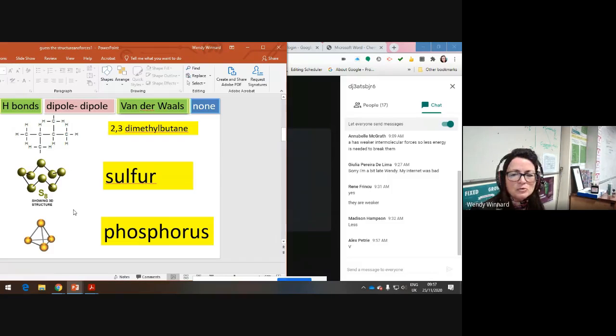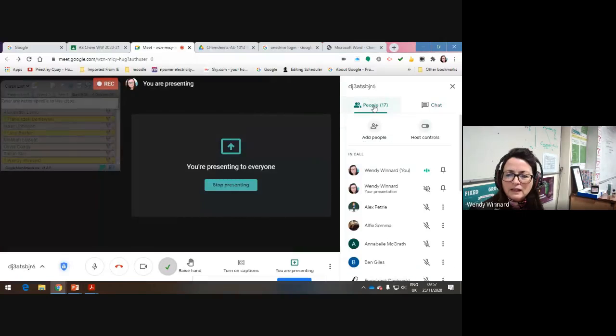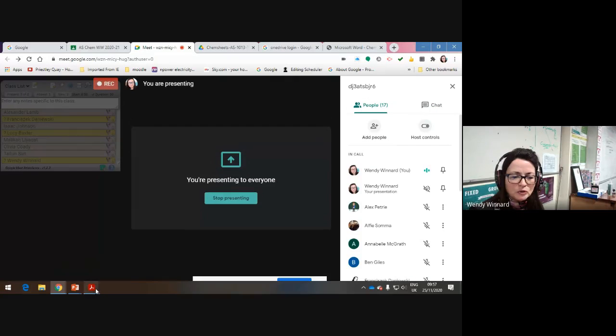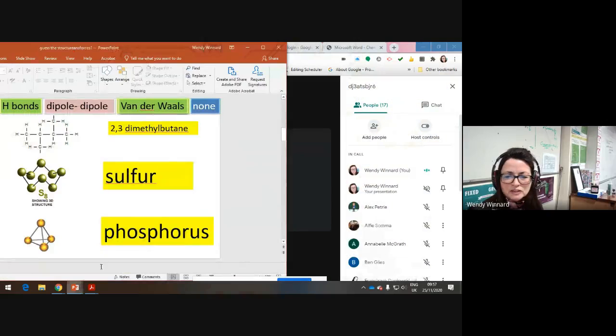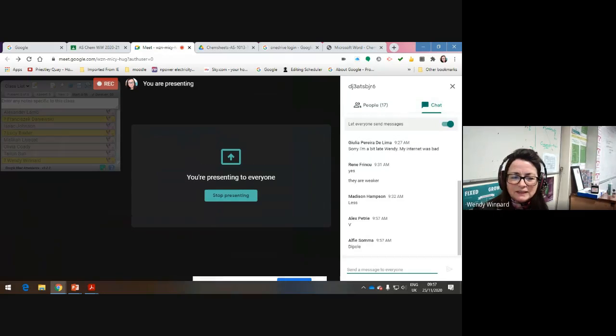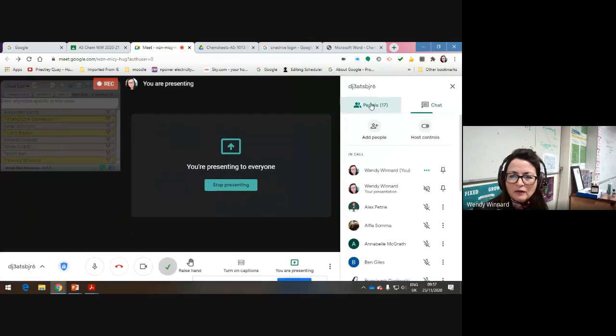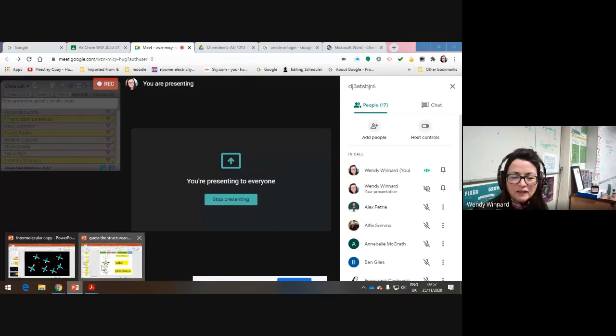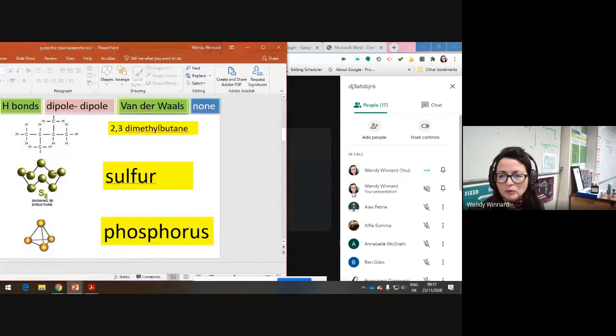And what about sulfur? Let's have a look in there. Alfie, what do you think the intermolecular forces between sulfur is? You can type it in or you can say. Annabelle, do you agree with Alfie? Alfie said dipole, dipole.